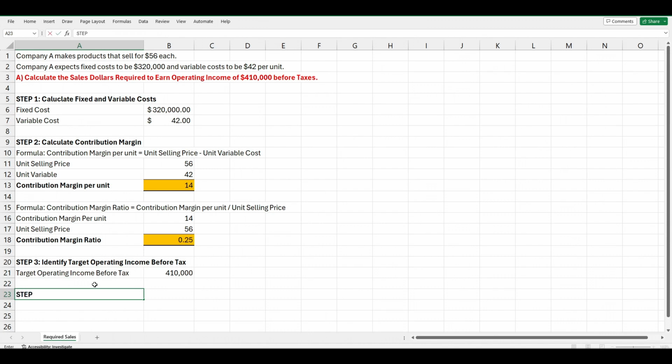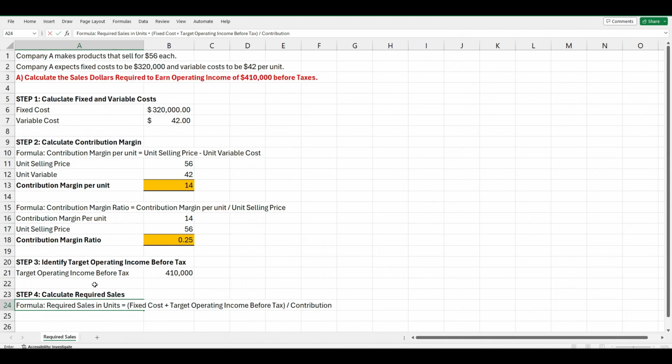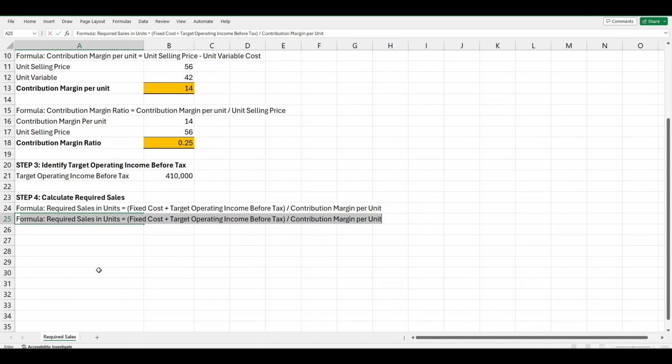So now let's go to step 4. You can calculate our required sales. I'll write the formulas for both of them. So required sales in units is equal to fixed cost, and make sure you guys include your brackets, plus target operating income before tax, divided by contribution margin per unit. In the formula, I'll go down a little more.